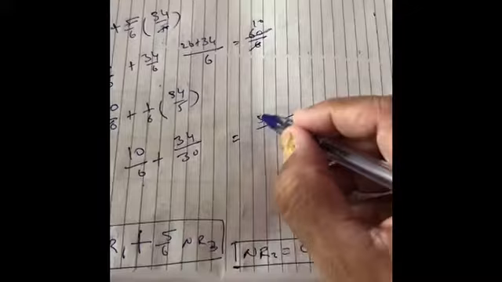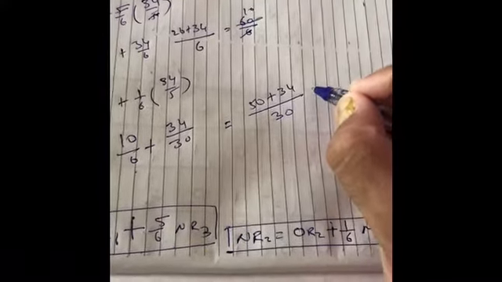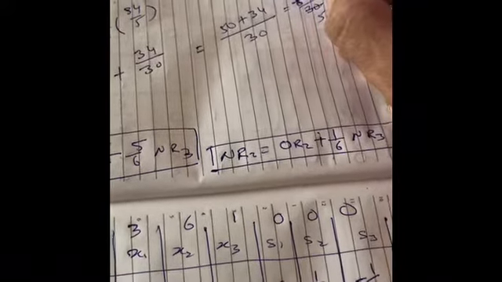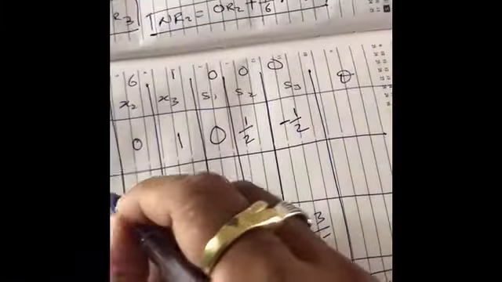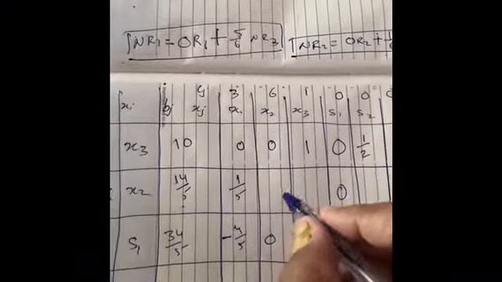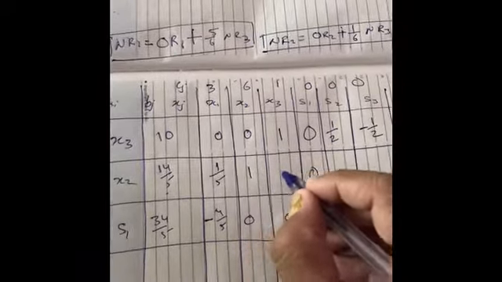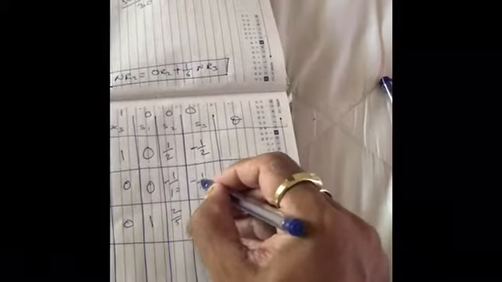So this will become 50 plus 34, that is 84 upon 30. Okay. So 6 5s are 30, 6 1s are 6, and 6 4s are 24. So this will become 14 upon 5. Similarly, this will be 1 upon 5. This one will become 1. This will be 0. This is the 0 that we have worked out. And this is minus 1 upon 10. Again, minus 1 upon 10.